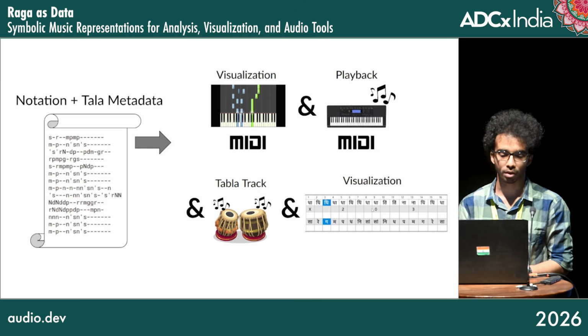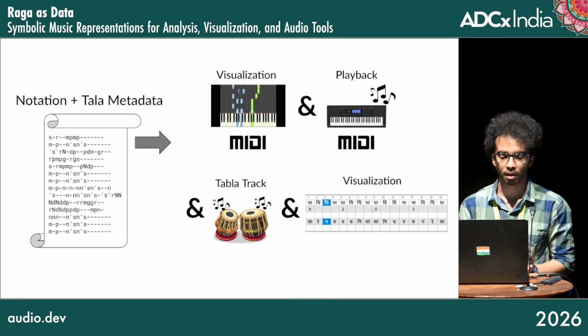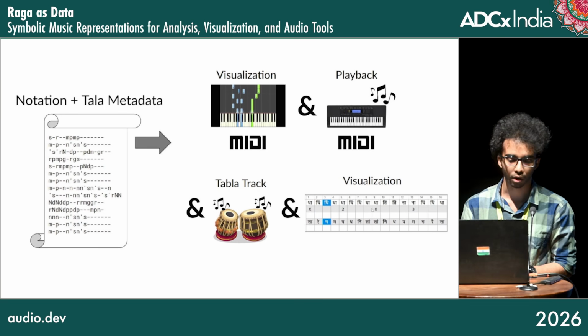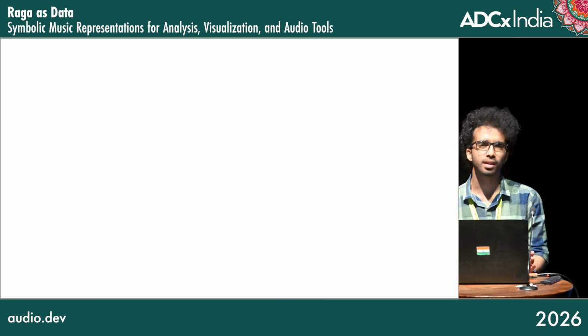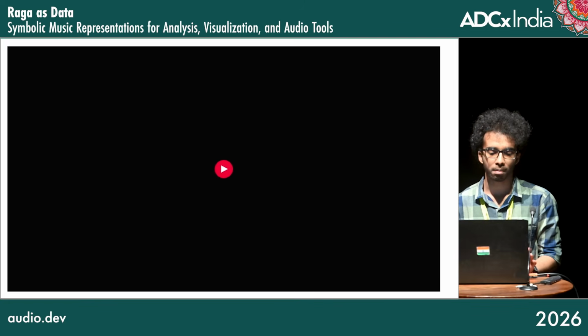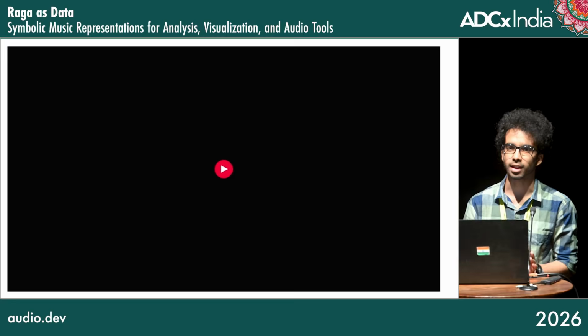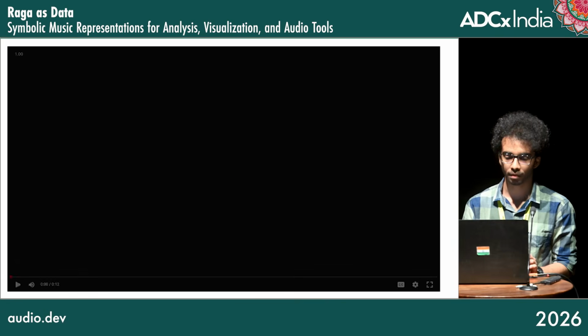And third step is to add rhythmic structure to it based on the tala selected. And fourth step is to render audio and MIDI together. This all went well, but this kind of sounds boring because as audio developers, we naturally move toward audio and we like expressive renditions and rich renditions.